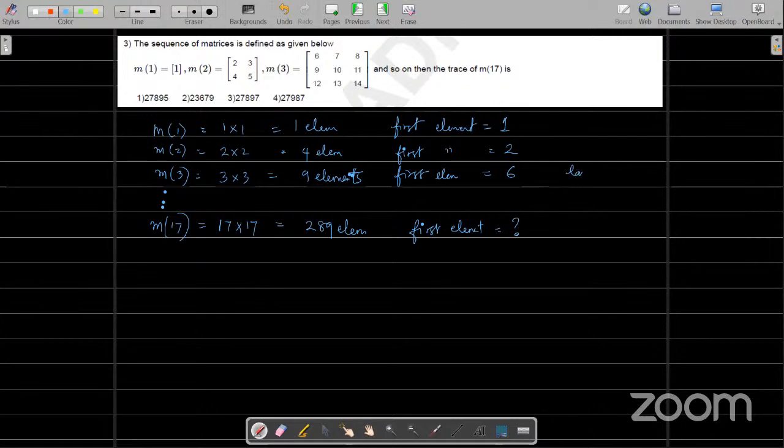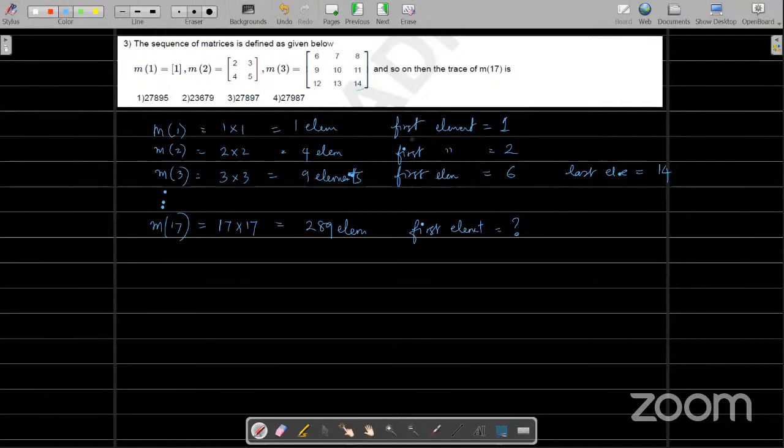The last element will be 5 plus 9, 14. So that is the 14 which is here, right? Similarly, if I know the first element, then I can write the next 289 elements and the corresponding diagonal elements. I'll tell you why the corresponding diagonal element also in a while. Okay, so can we first get what the first element is?